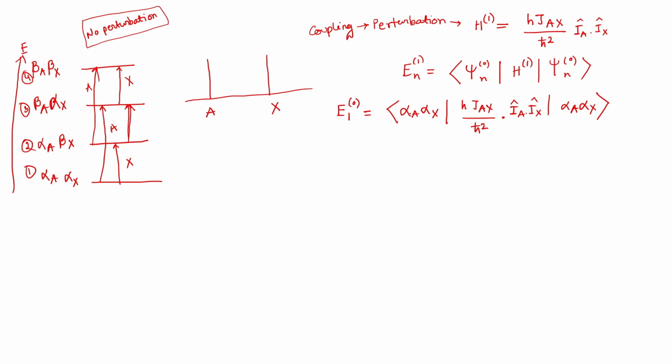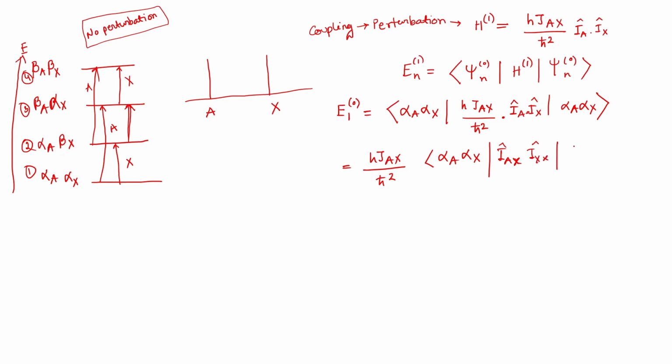Now, as you can see, this is a constant, so it will come outside. H J_AX by h cut square, and then alpha A, alpha X, and we can write this dot product in terms of a few things that you can see. I A, first X coordinate, a capital X, small x.